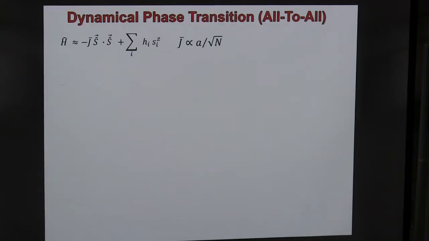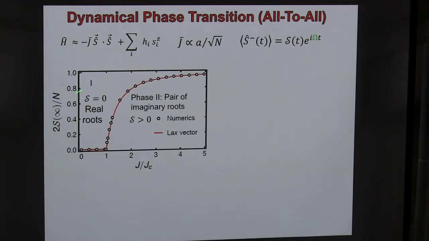All right, so just to make the analogy: in our case, we have a specific type of disorder or inhomogeneity, and assuming the all-to-all approximation, the Lax construction does predict two different dynamical phases that are separated by an order parameter determined by the collective magnetization, with a different behavior and a non-analyticity at a critical point.